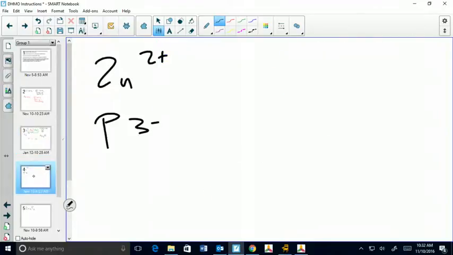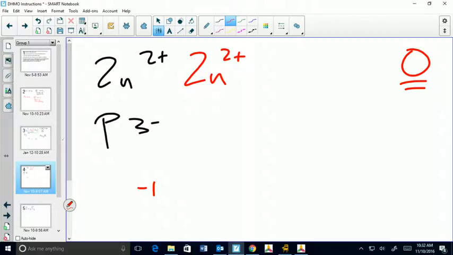Similarly, if I want to do that with zinc and phosphorus, zinc is a 2+, phosphorus is a 3-. If I simply add these together, then I'm at -1, not my 0. Remember, 0 is the goal. So let's add another zinc as a 2+. Then my 4+ and my 3- will give me a +1. I don't want that. I want 0. So okay, let's put another one of these P's in there, P3-. Well, if I do that with the 2 zincs, now I'm at 2-.